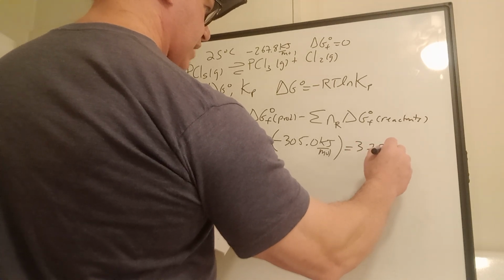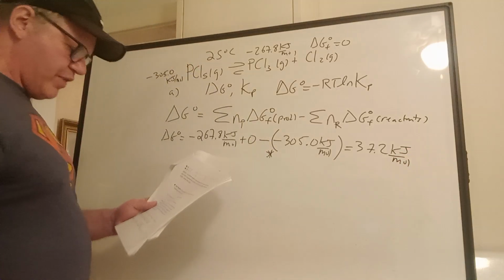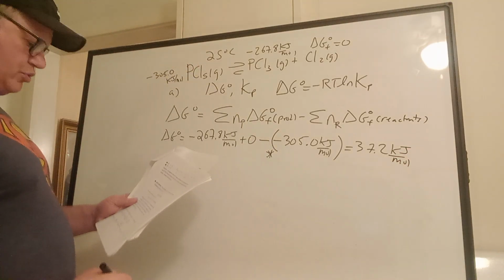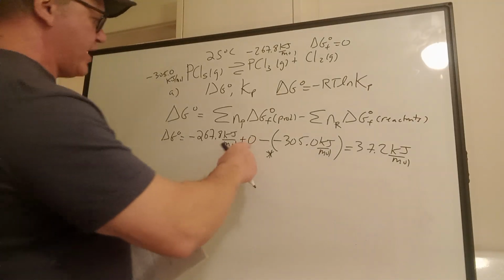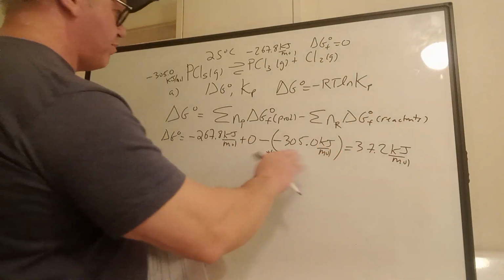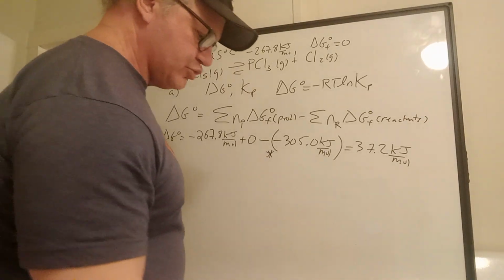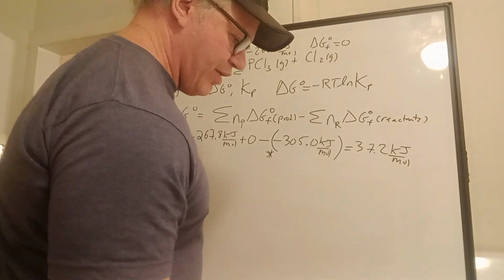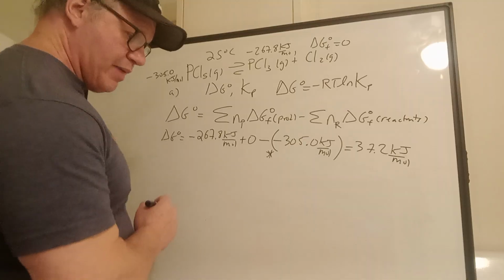So we have 37.2 kilojoules per mole. Again, if we didn't have that in here, we'd be way off. We'd have a big negative number in the mid 500 kilojoule per mole range. Sometimes you get wacky numbers, but you didn't do anything that bad.